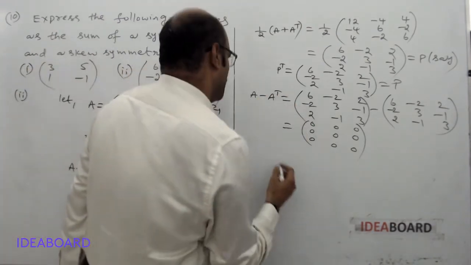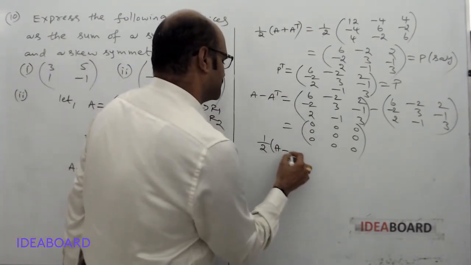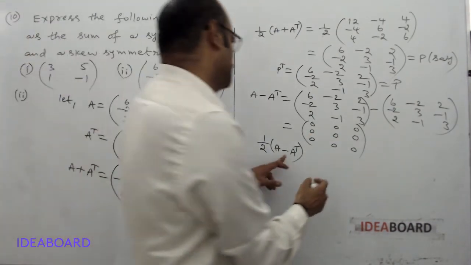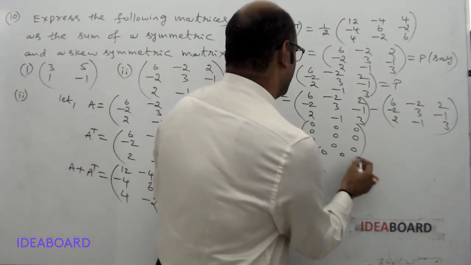Now find half into A minus A transpose. Half into null matrix is always equal to null matrix only.